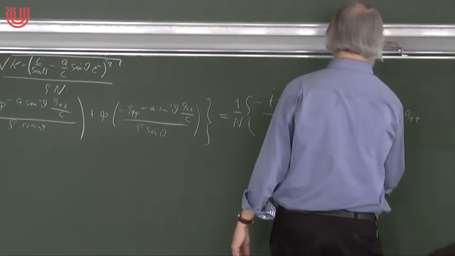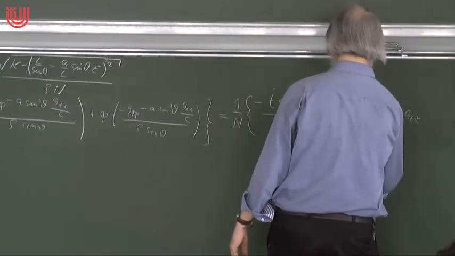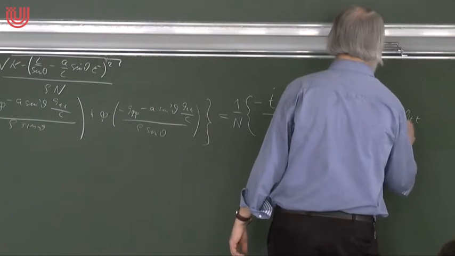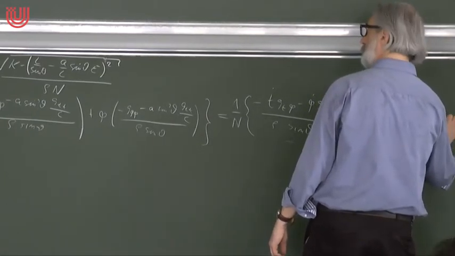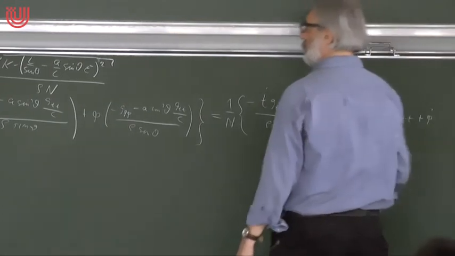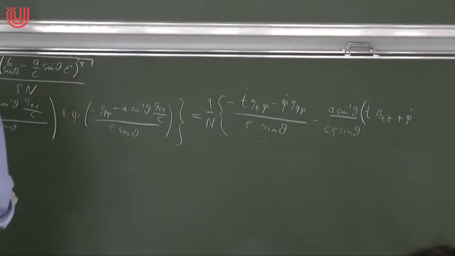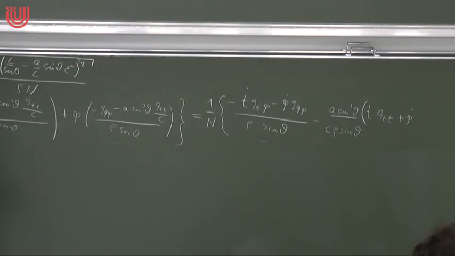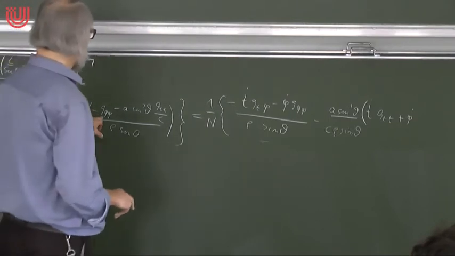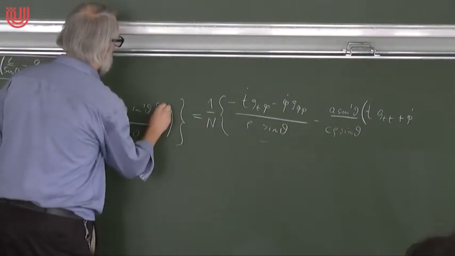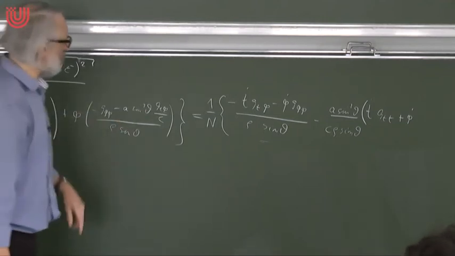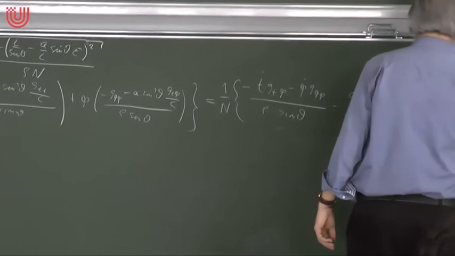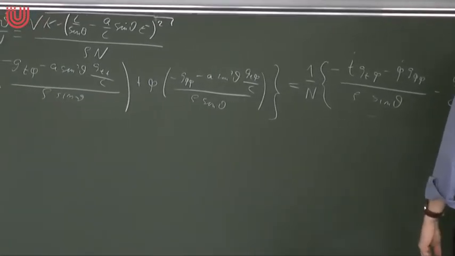I have a 1 over c and a rho sine theta in the denominator, plus phi dot. Wait a minute, are the coefficients correct? Here I multiply with t, so this is gt phi gtt. Here I multiply with phi, g phi phi, this is wrong, this must be a gt phi. I multiply with d by d phi, so both things must have an index phi. Phi dot gt phi, very good.